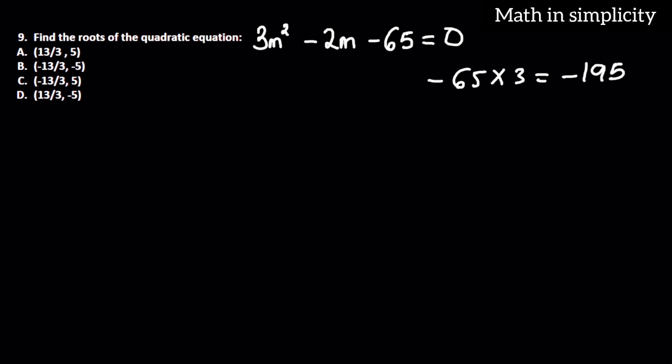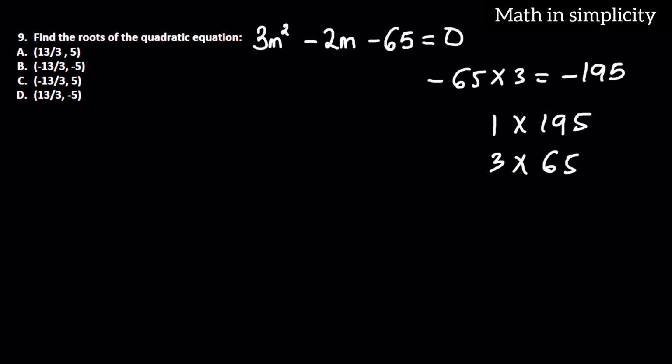So the first factor is always 1. 1 can divide everything. So if we have 1 times 195, however, we can never add the 2 to get negative 2. 2 cannot divide 195, so let's try 3. 195 divided by 3 should give us 65. So we have 3 and 65.